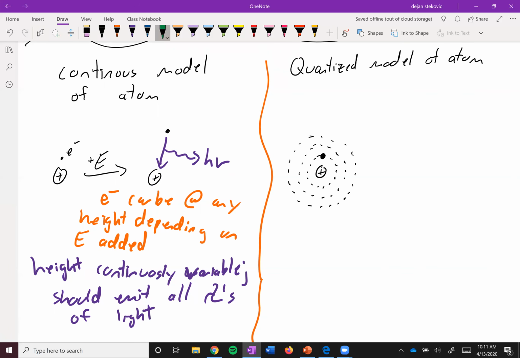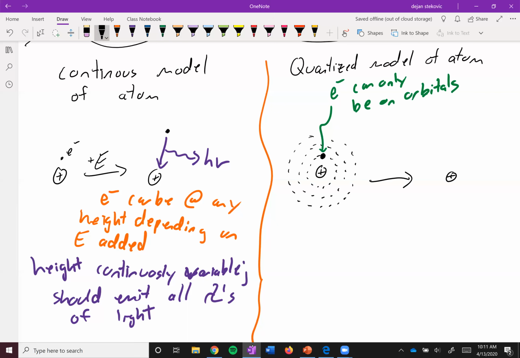So we'll say this electron can only be on certain energy levels. We'll call them orbits or orbitals, right? So this electron can only be on these orbitals. It can't be below or above these orbitals. It can only be on them.